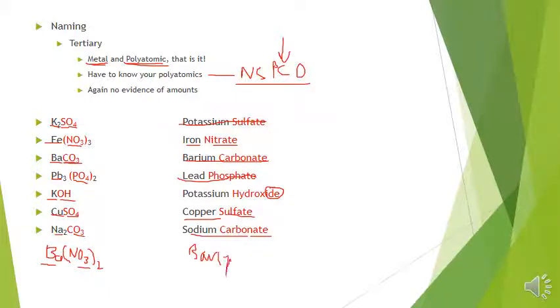Nitrate. Okay, so notice this guy here and this guy here both have nitrate in them, and they have different amounts of nitrate. This has 3, so this says 3 NO3s, and this says it has 2 NO3s, but there's nothing in the name that tells you how many nitrates.